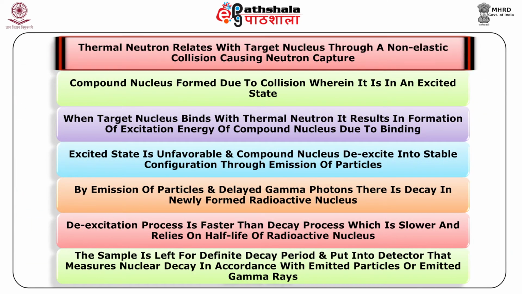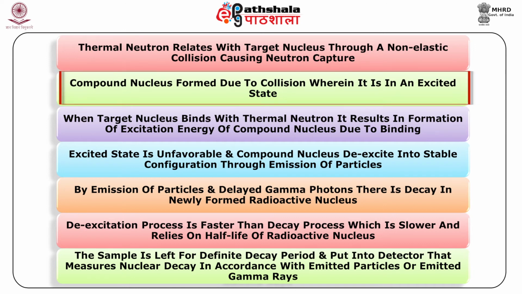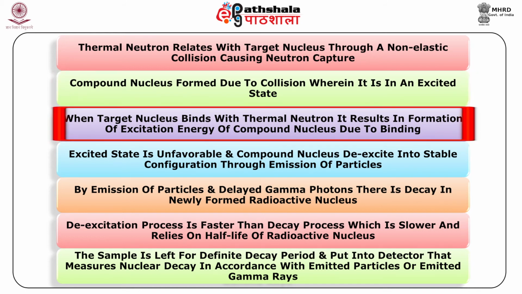On being irradiated, a thermal neutron interacts with the target nucleus through a non-elastic collision, causing neutron capture. A compound nucleus is formed due to this collision, wherein it is in an excited state. When the target nucleus binds with the thermal neutron, it results in the formation of the excitation energy of the compound nucleus due to this binding.